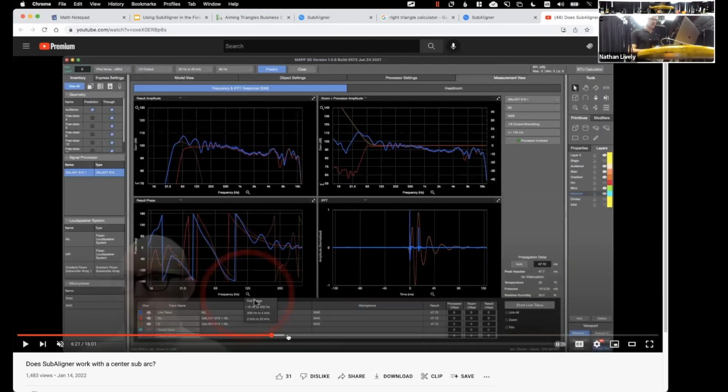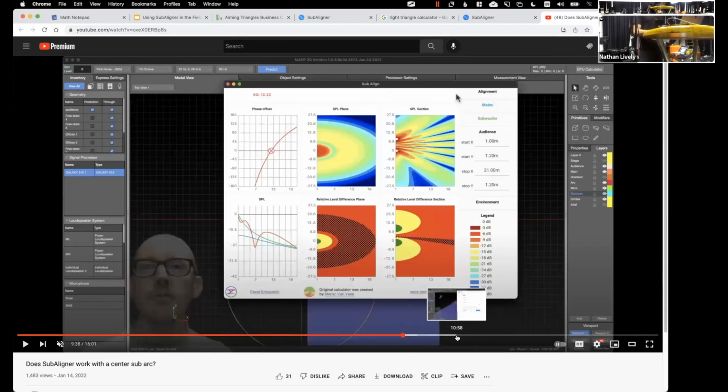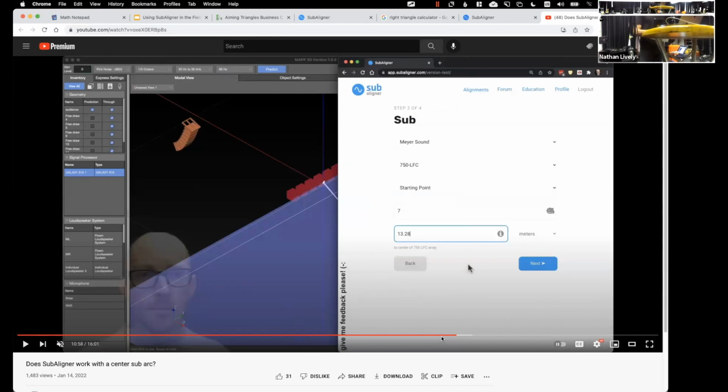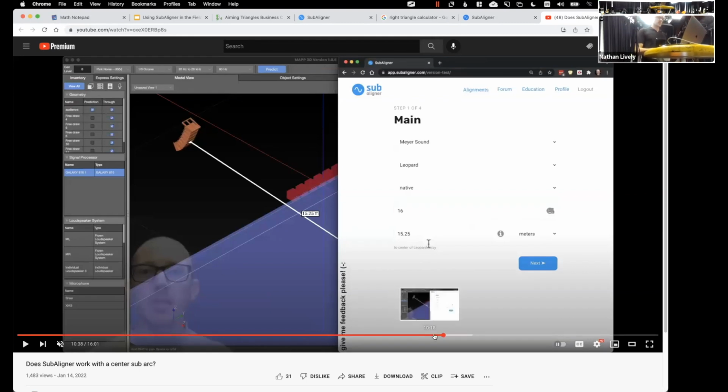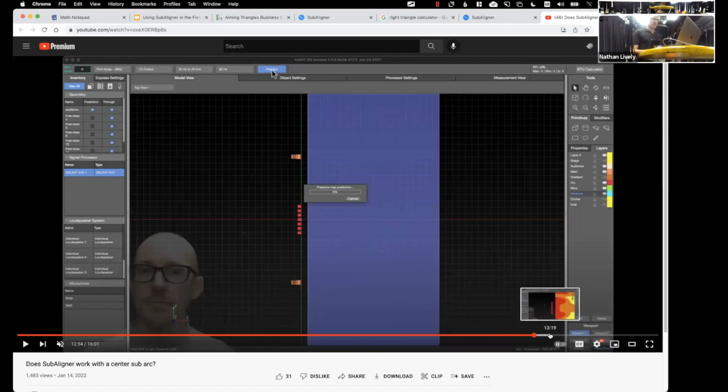If you have some kind of horizontal array, or just a line, I will typically just use the center element. Now, that's not necessarily the truth.